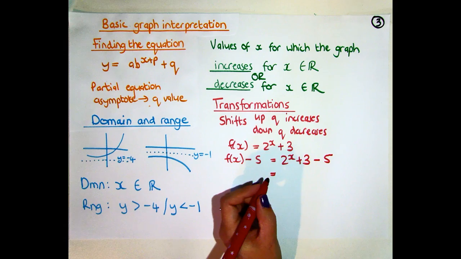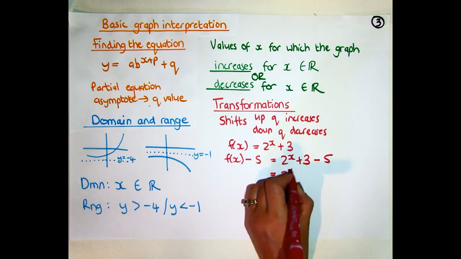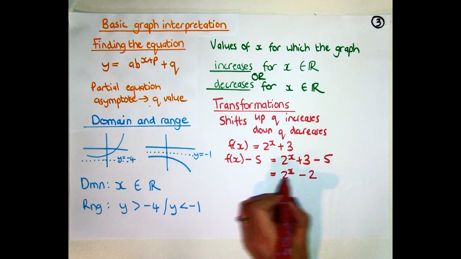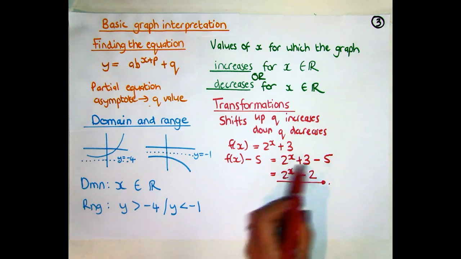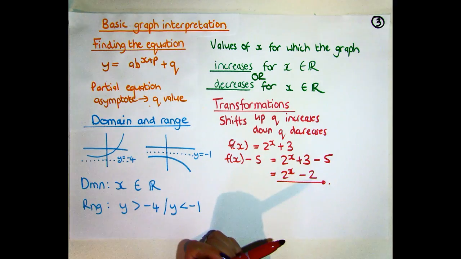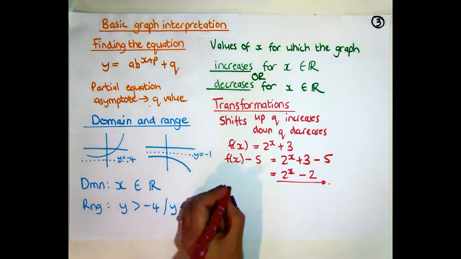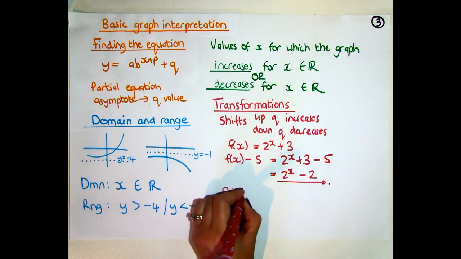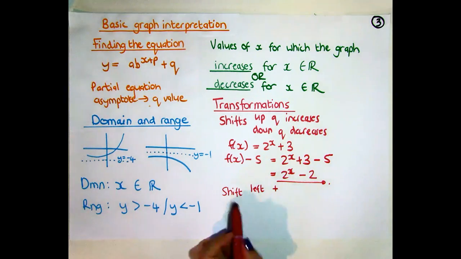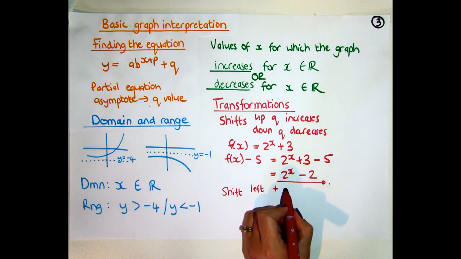Your new graph then will look like 2 to the x, and plus 3 minus 5 gives me -2. That's going to be the formula for f of x that's been shifted down by 5 units. If you're shifting left or right, it's going to be slightly different. Remember that a shift left is going to be when you are adding onto the p-value.